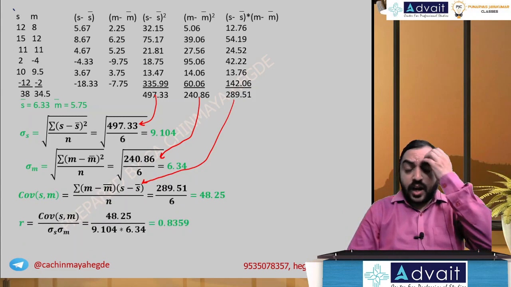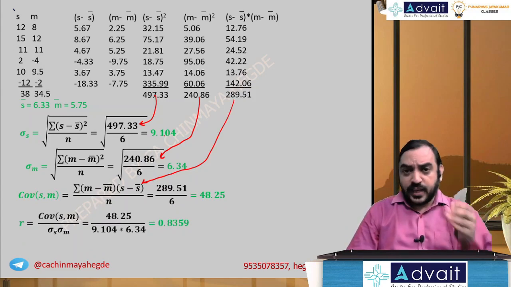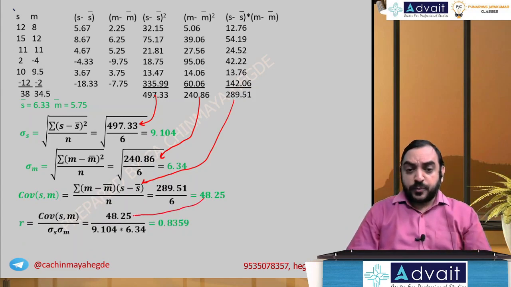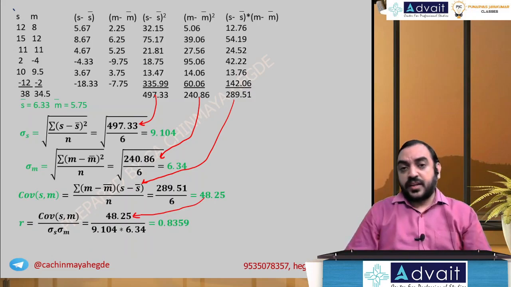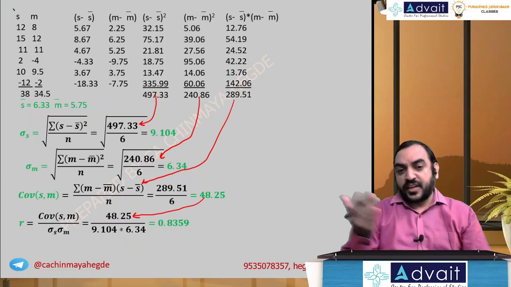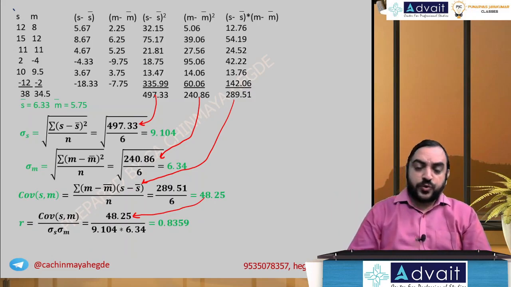And therefore R, the correlation coefficient, which we calculated now: covariance 48.25 divided by standard deviation of security into standard deviation of market, 9.104 into 6.34. Correlation coefficient approximately 0.8359.